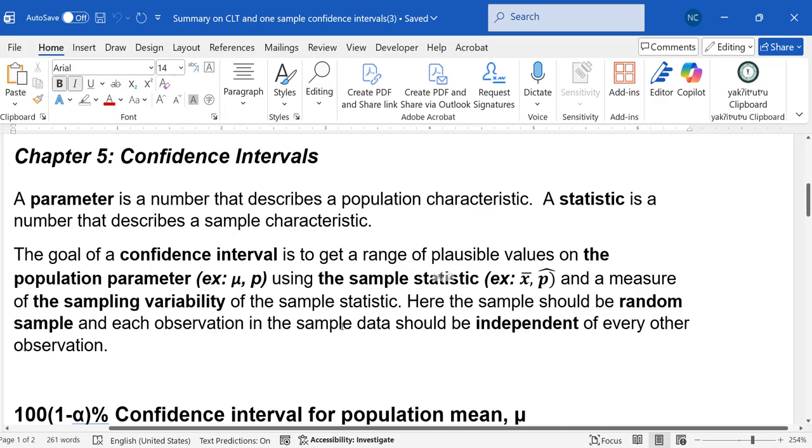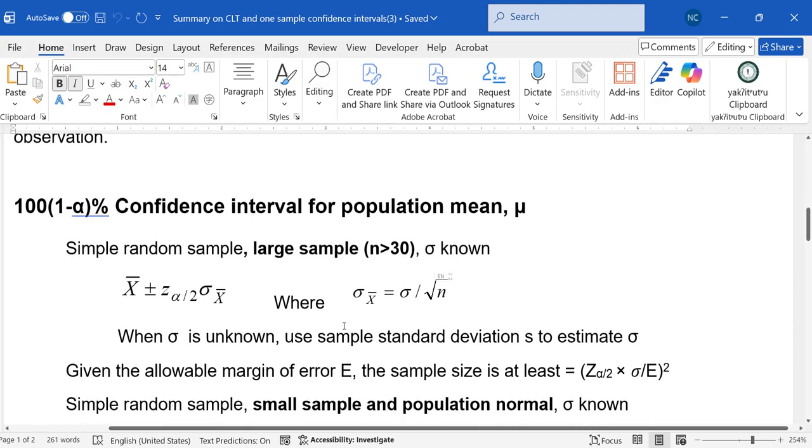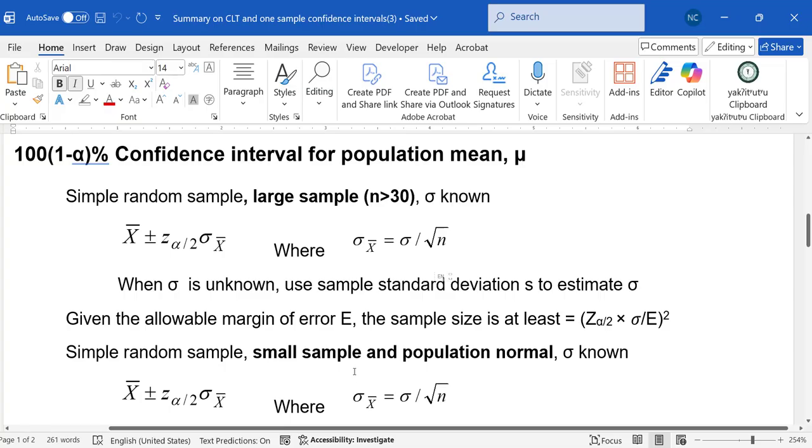So confidence intervals, we only work on two-sided confidence intervals. So that's why it's always z alpha over 2. Okay? The z value, z alpha over 2. If it's a larger sample and you know the population standard deviation, you use the sigma. If larger sample and you do not know, you use the sample standard deviation.